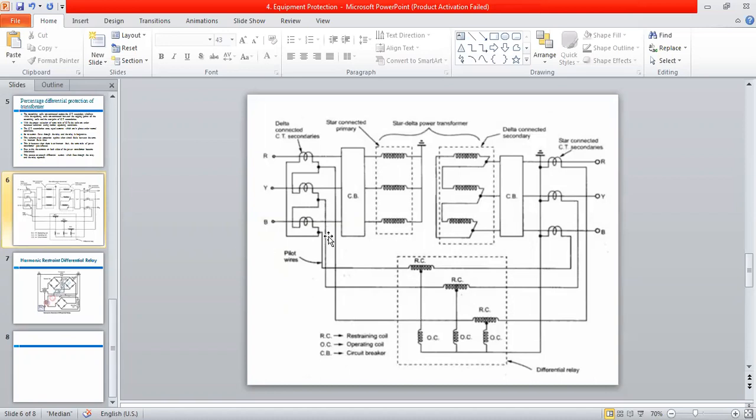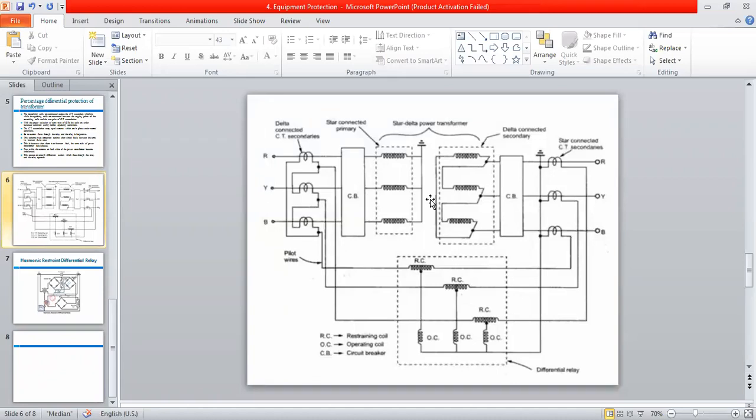Now what is done here? This is one transmission line, R phase, Y phase, B phase is there. So in that transmission line, in between there is a transformer, for example for stepping down or stepping up, if we are connecting the transmission line substation.